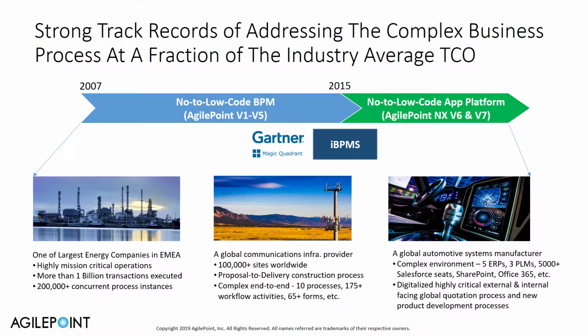And then lastly, a global automotive systems manufacturer with a very diverse and complex environment. 5 ERP solutions, 3 PLMs, with over 500,000 Salesforce users, SharePoint, and Office 365. And they're using AgilePoint to manage a global quotation and product delivery need using a highly dynamic AgilePoint process. And just to give you a sense here, right, this infrastructure communications provider, their annual subscription is below $50,000, right? So really speaking to that phenomenal price performance that I mentioned a little bit earlier on.